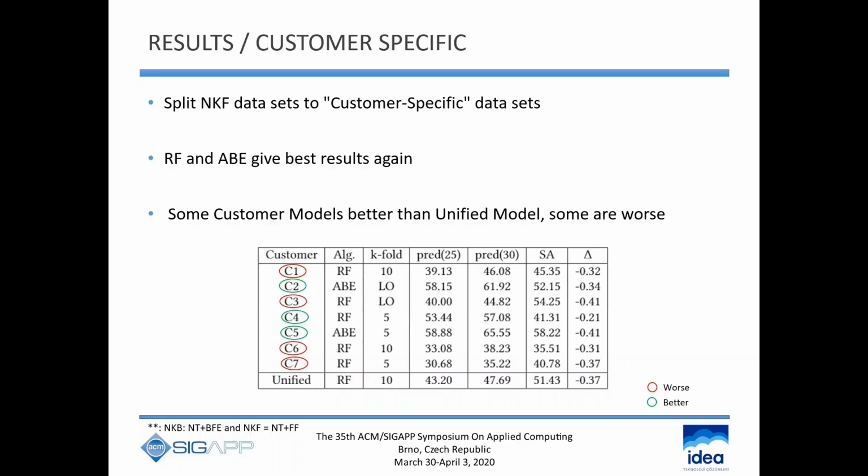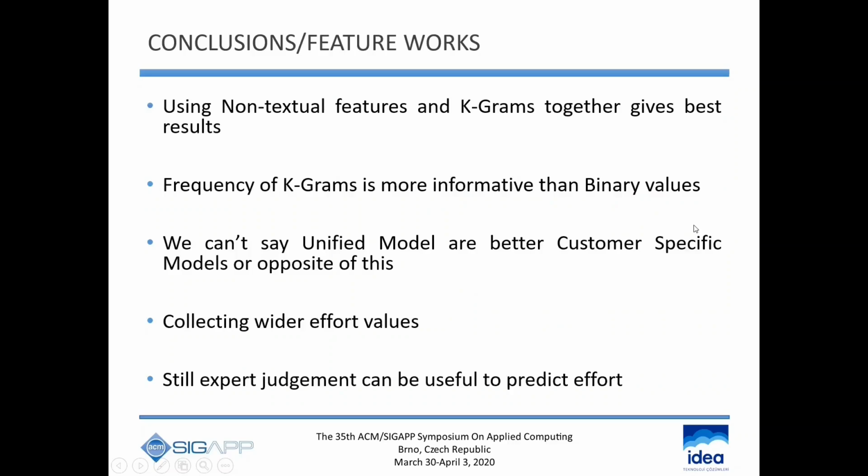When we compare these models with the unified model, we can say there is no single best solution to predict effort more accurately. Some customers' models are better than unified models, but for some customers, their models are worse than the generic unified model. In this work, we have developed an effort estimation system using non-textual features combined with k-grams.